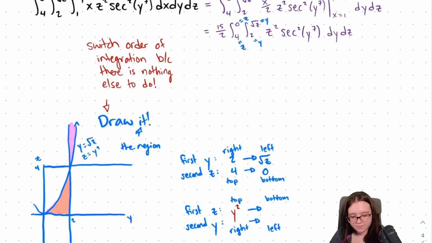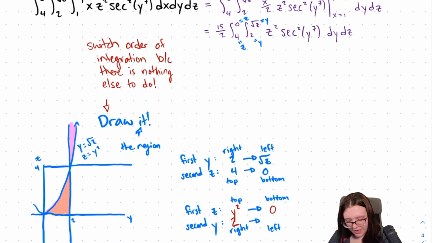Then on the bottom is this curve. This is just the line z equals 0. So we went from y squared to 0 now. So these are the limits of our z integral. And next we need to figure out the limits of our y integral. Well, on the right is just the line y equals 2. So we go from 2.